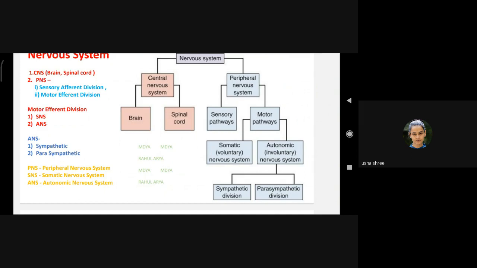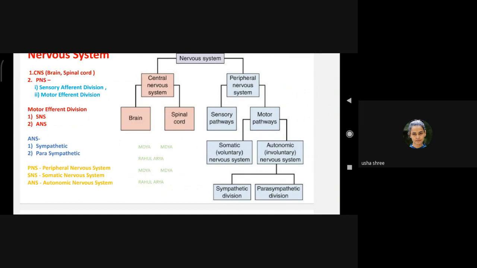In dim light our pupil changes its diameter, and in good light, when we have enough light, it comes to its normal size. So this is also a part of our motor nervous system, but it is not in our voluntary control.